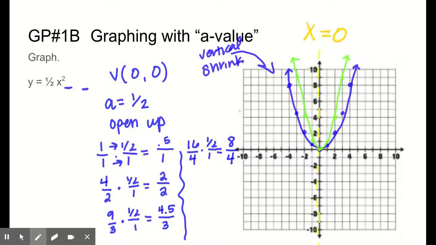Well, if you take your rubber band and then you push your fingers together, you're shrinking the distance between your fingers, and that's causing your rubber band to get wider. So that's one way to remember the shrink or stretch, the vertical shrink or vertical stretch. And the shrink causes your graph to appear wider than the parent function.